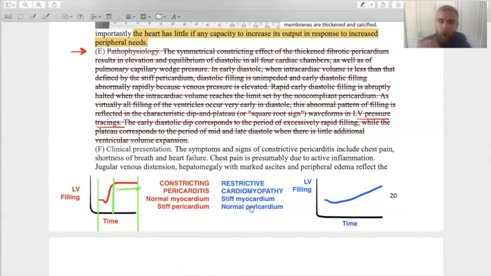And this is compared to a restrictive cardiomyopathy in which the heart muscle has a really tough time expanding. So even when you have atrial contraction or rather passive filling at the start of diastole, your heart's really slow to fill up. You see that it's got a slow slope upwards. And then by the end of diastole, maybe you've filled enough to pump some out.